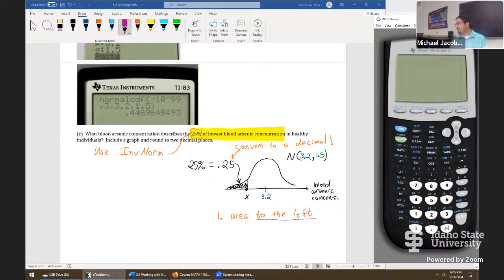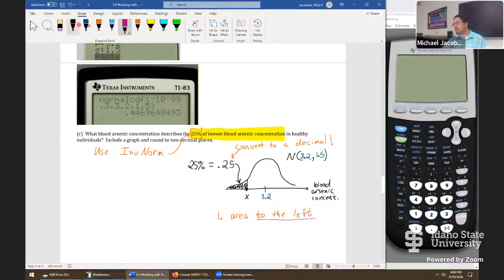There are some TI-84 calculators that have extra fancy graphics, so it might look a little bit different there. We have more options, but for most people's TI-84 Plus, it's this model here, you're limited to only having area to the left. So luckily we have area specified to the left on this problem. We'll see in the next example what to do if it had area to the right. So input 1 is going to be 0.25.